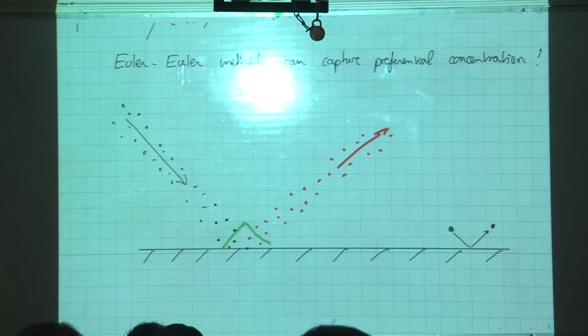Look in that region, I have particles which are incoming and particles which are moving up. This is exactly the same problem as the stream crossing problem we've just done.